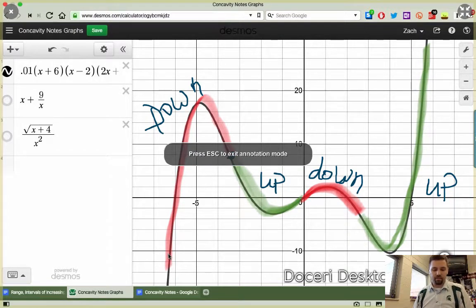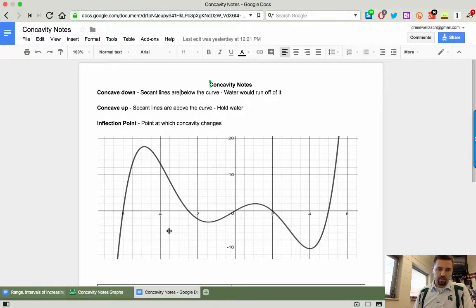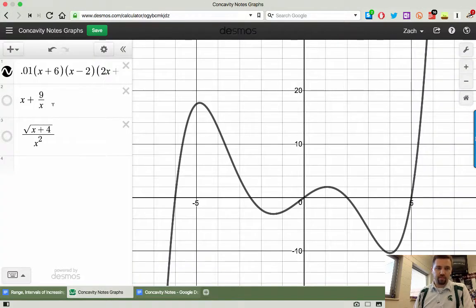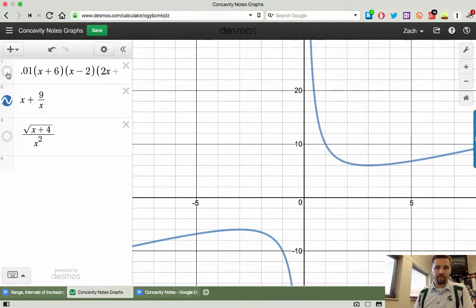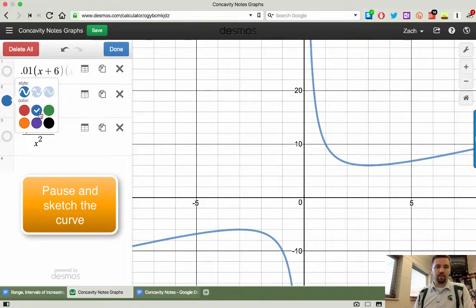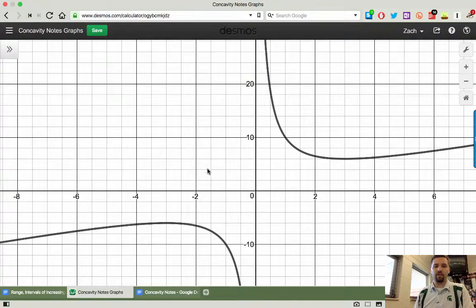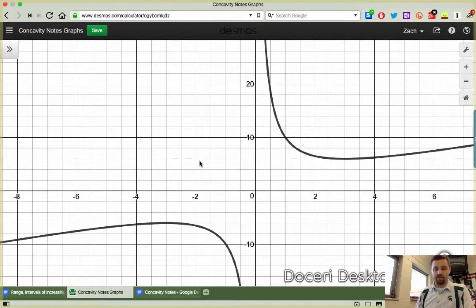So let's look at the next curve. I think on your notes, just to be sure, it is x plus 9 over x. Okay, so that's this blue curve. In fact, let's make it darker so you can see it better. All right, so what do we got going on here? Let's start with concave down. Remember, that's when, if I draw a secant line, the curve is above it.